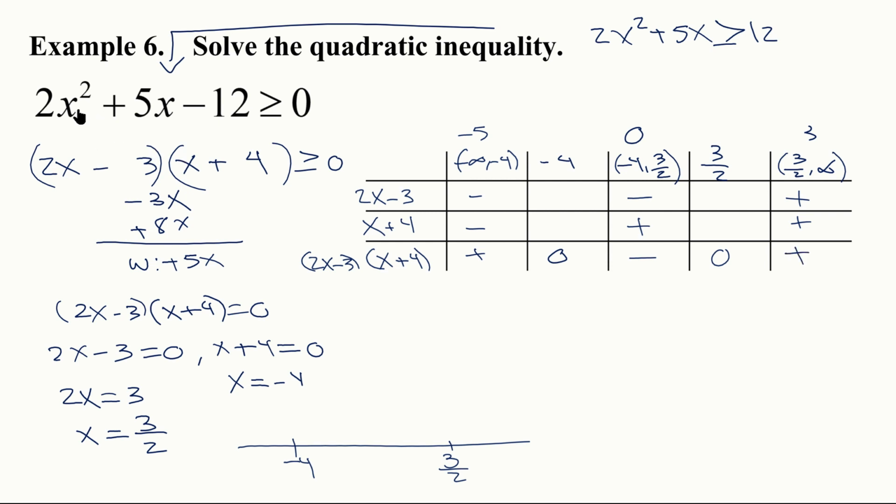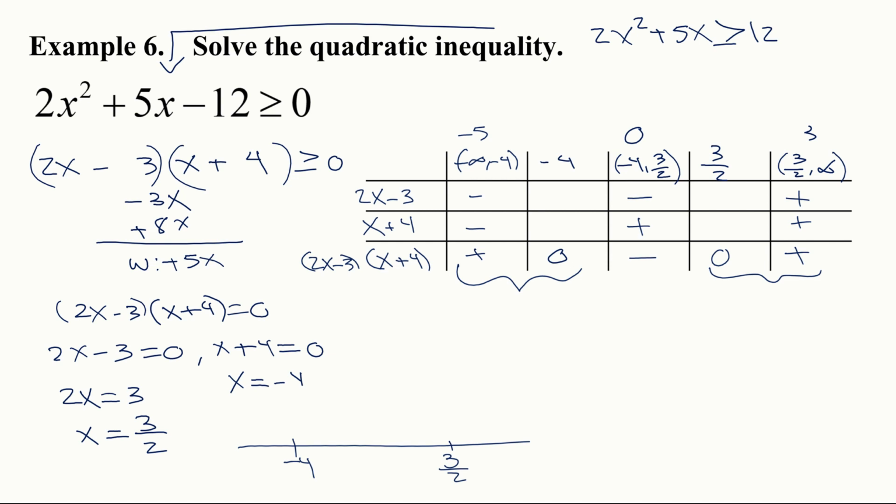This time, we're looking for the places where this expression, which is the same as this product, is either positive or 0, right? So we're interested in this region, and this region. That's it. So the solution set, we can graph it first.